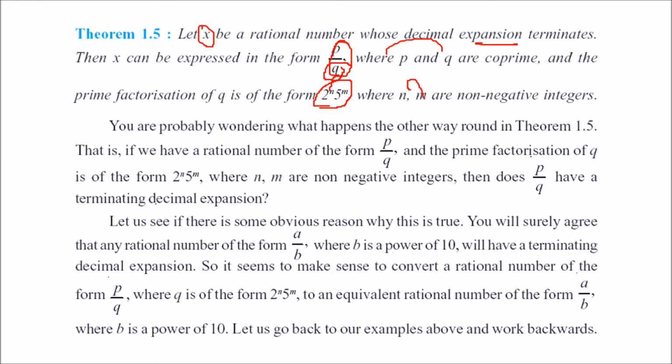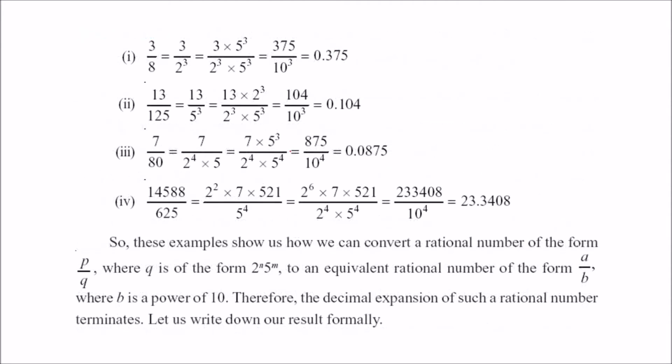We have seen the decimal actually stops, meaning there is no recurring here. But a very important thing has come up: if q is of this form, the number is stopping.